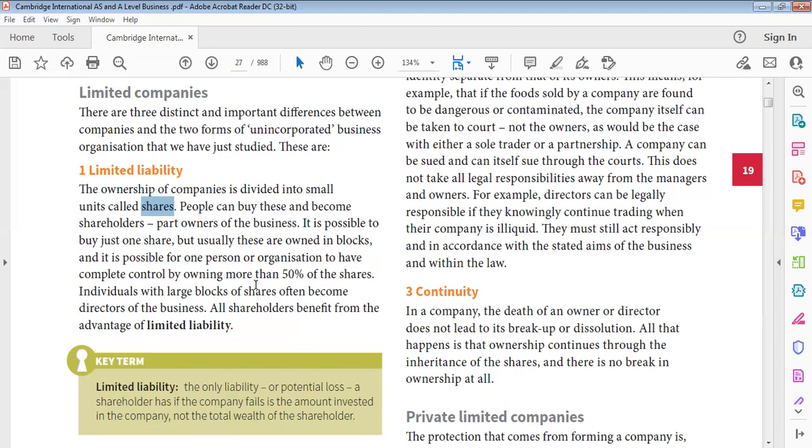Now the problem is, let's say Facebook bought $10 billion worth of things, but couldn't pay the money back for some reason. Can the suppliers of Facebook come to us and ask for the money? What do you think? Yes.